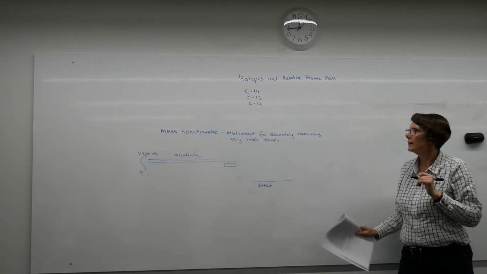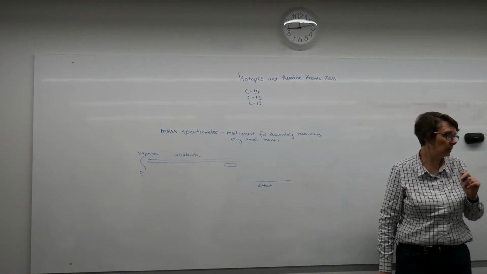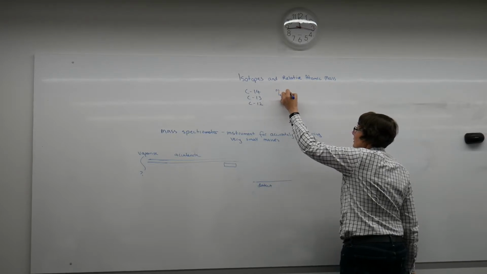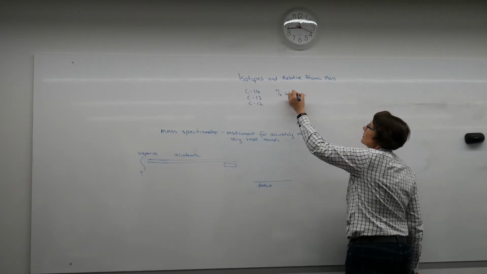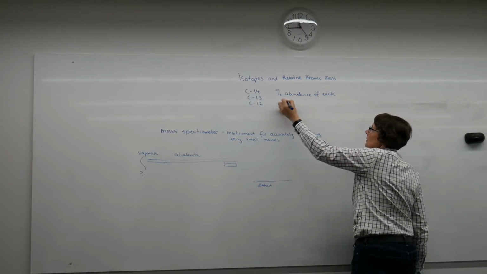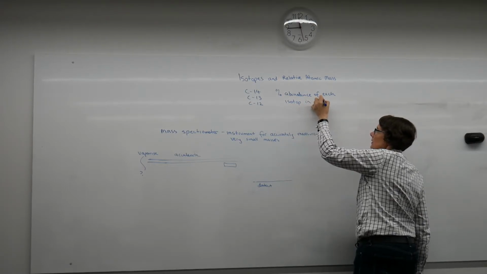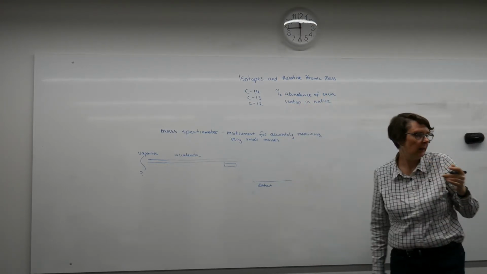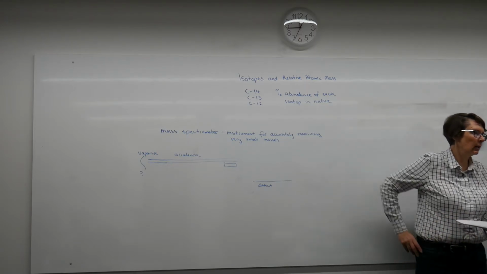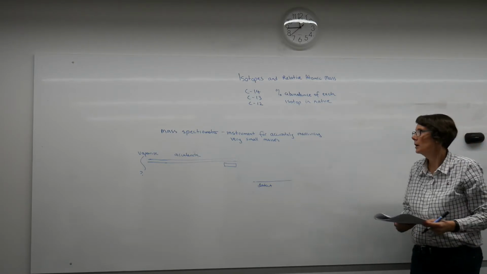We're looking at the percent abundance in nature. So we have to start with that. We need to know the percent abundance, and then we weight it accordingly. So the more abundant one is going to contribute more to the overall mass.